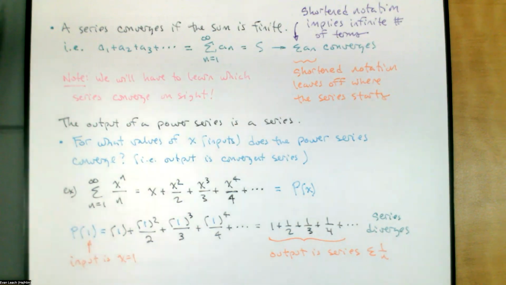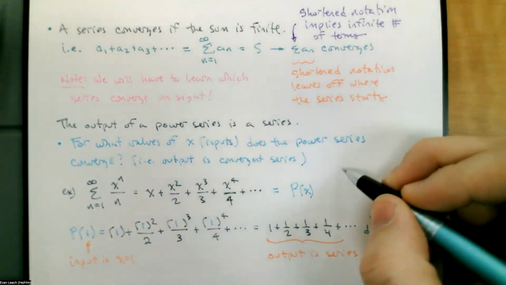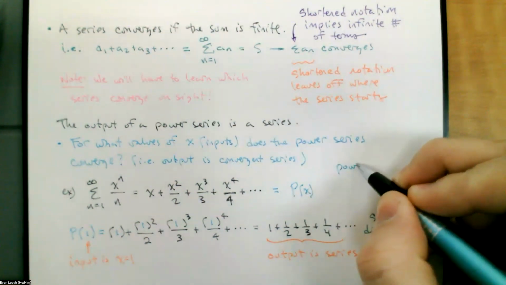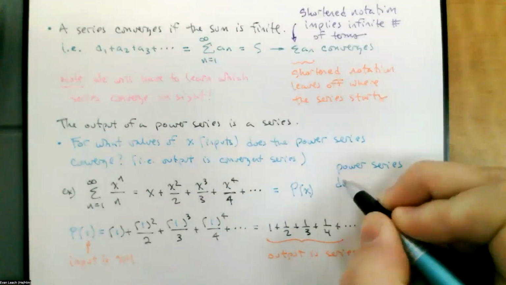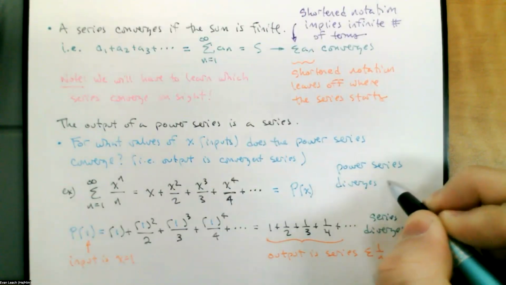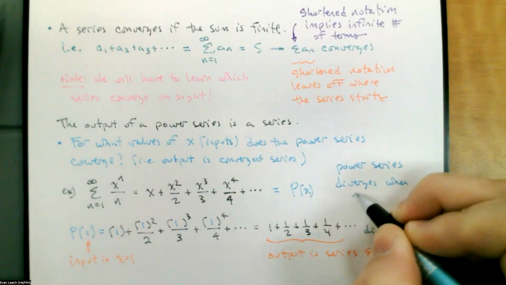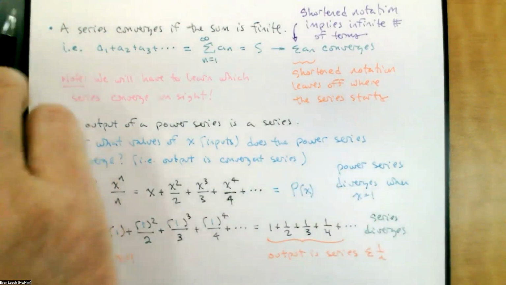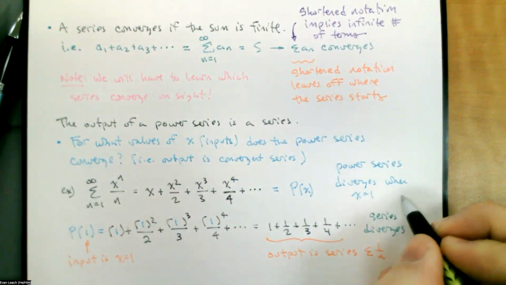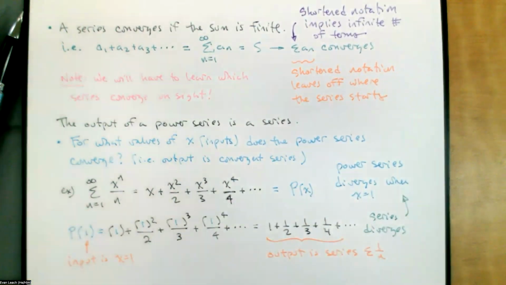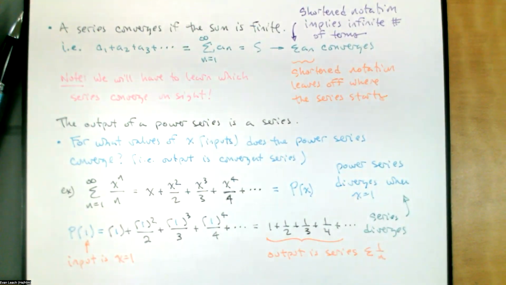And so we would say that the power series diverges when x equals 1. Because the series diverges, that tells us that this power series diverges when x equals 1. We might also say the power series diverges at 1.